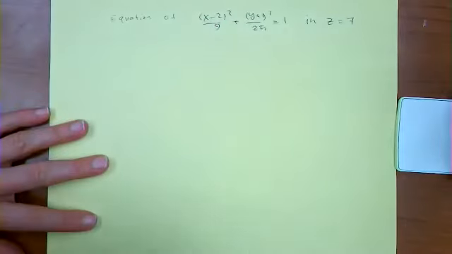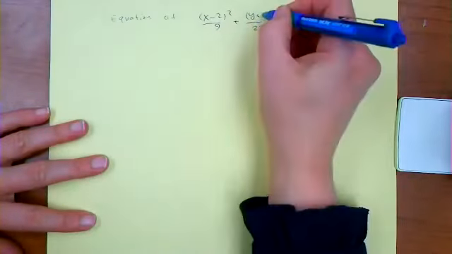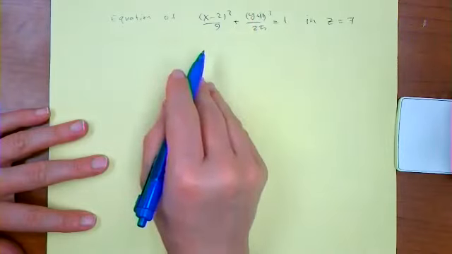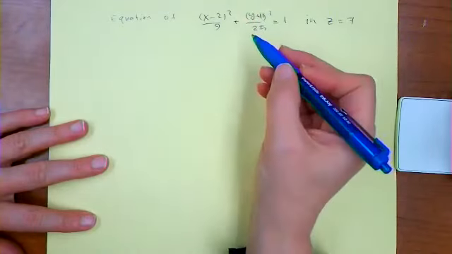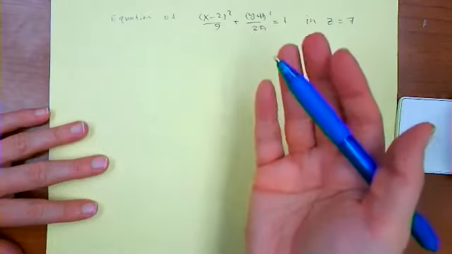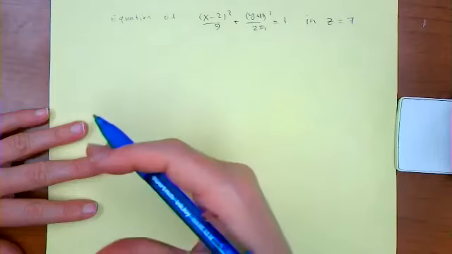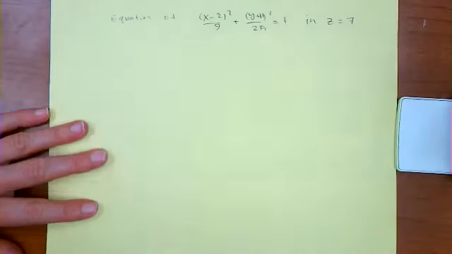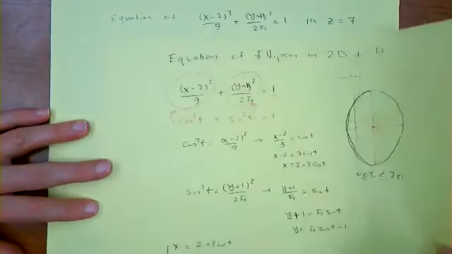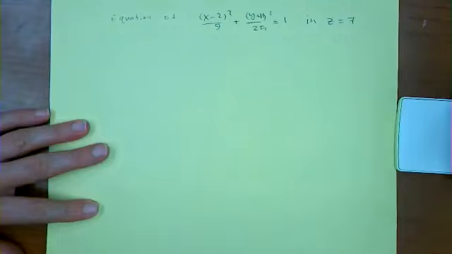But here's the thing. When your x and y are related, basically what happens is that when you project your shape to the XY plane, this is still going to be the same ellipse that we got in here.